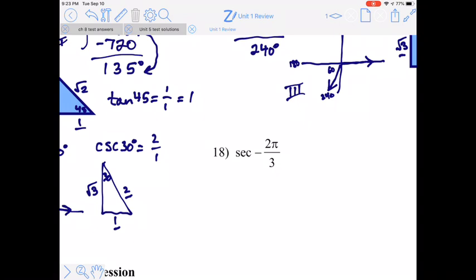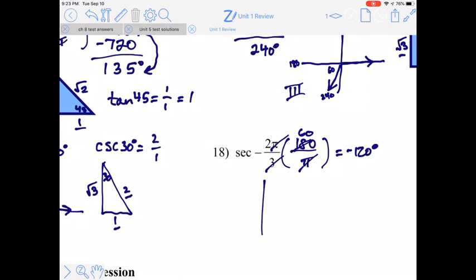And finally, question 18. Three goes into 180 60 times, so it's negative 120 degrees. Remember, negative angle measures go clockwise. So this is negative 120 degrees.